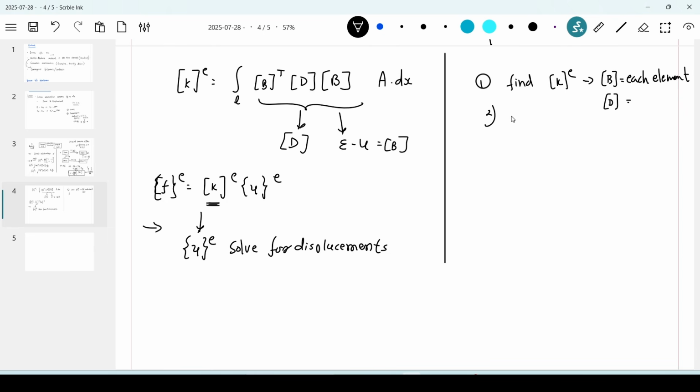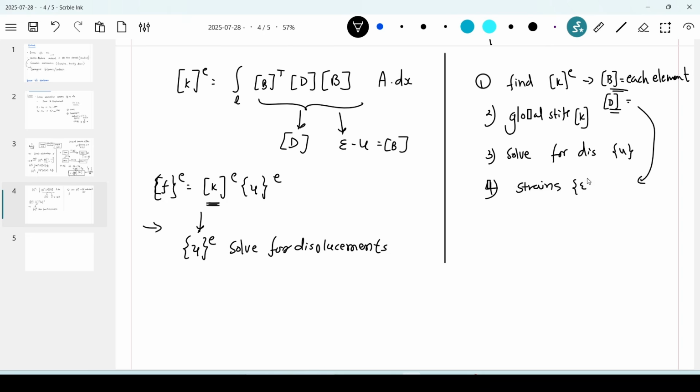Then we perform assembly to find the global stiffness matrix K. Third is to solve for displacement U. Then using the same B and D, we find the strains, then we find the stresses.